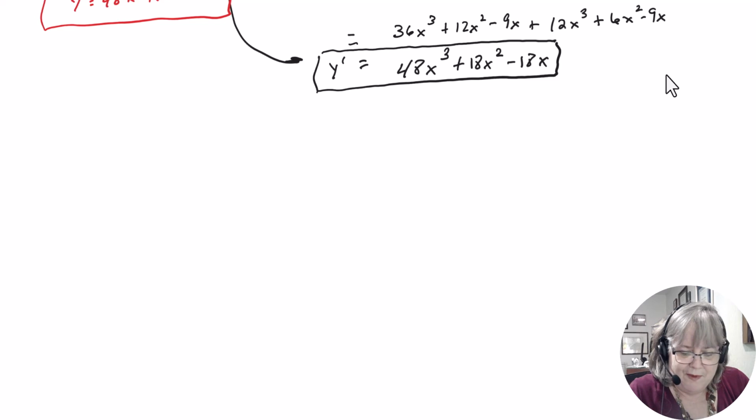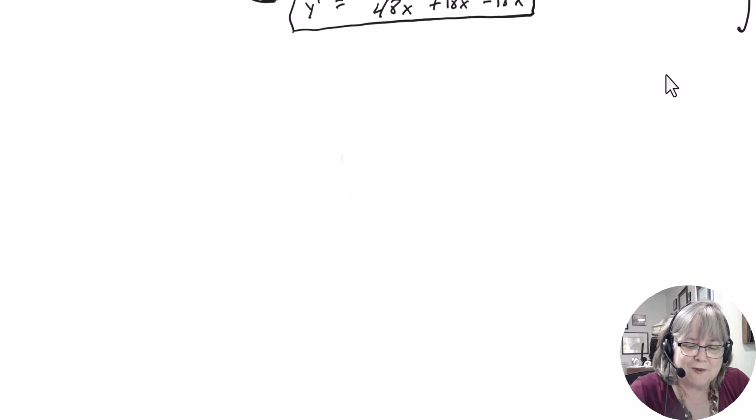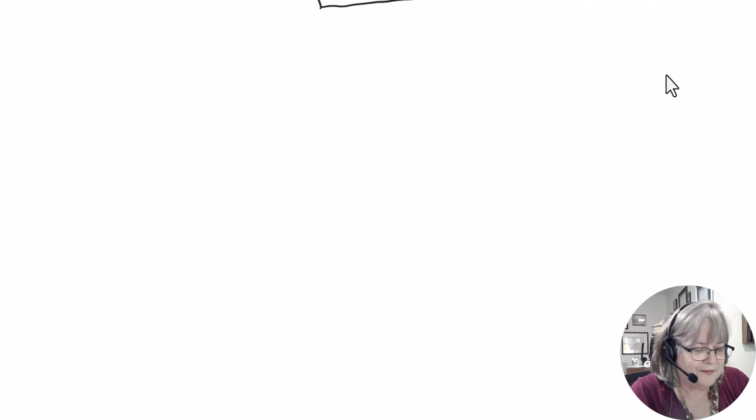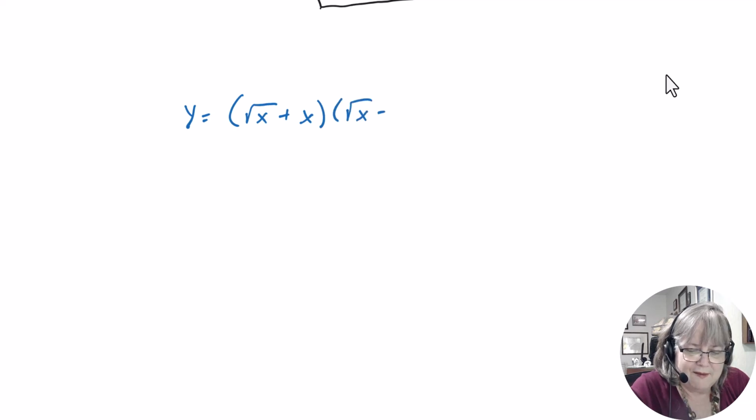Now this one's a little bit more complicated and it's going to work our algebra skills pretty intensely. So here we go. Now, for me, I have to go at a fairly quick speed or I start making a bunch of mistakes.